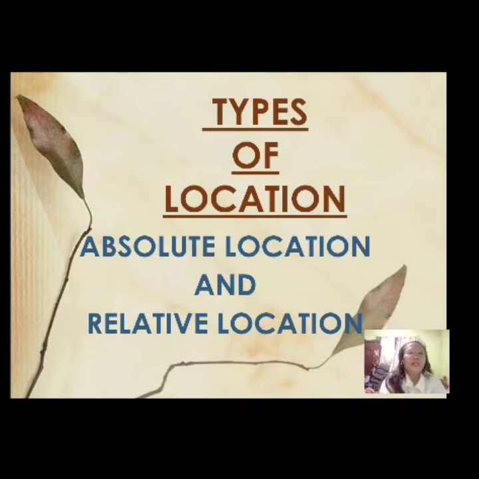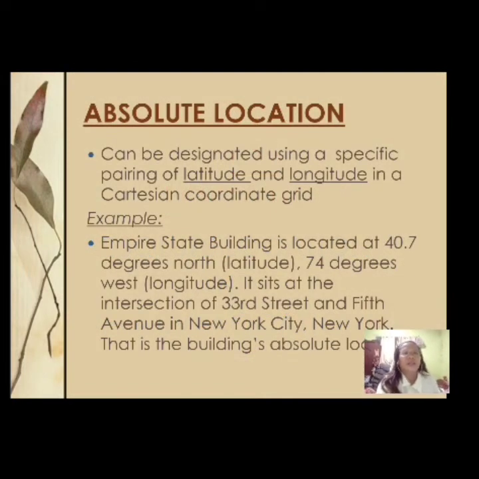So first, what is absolute location? It can be designated using a specific pairing of latitude and longitude in a Cartesian coordinate grid. So it describes the location of a place based on a fixed point on Earth.